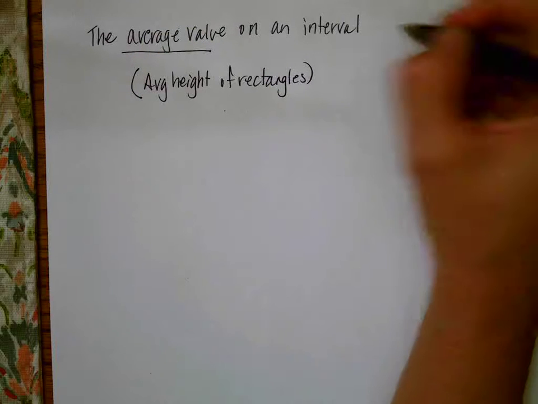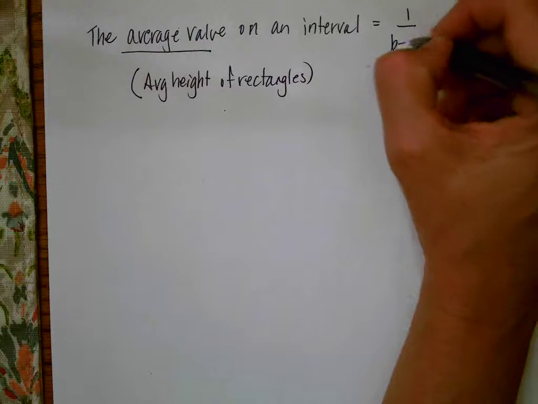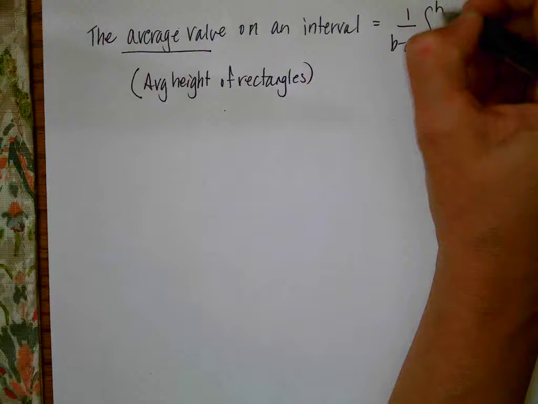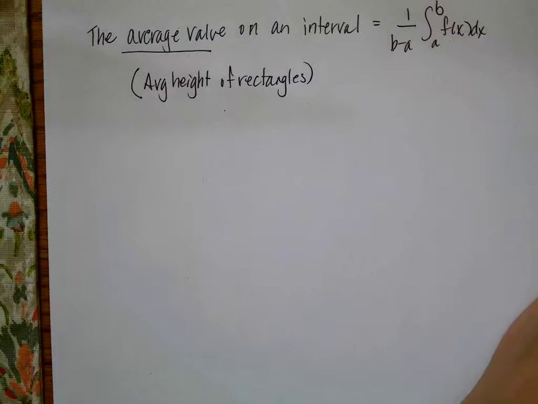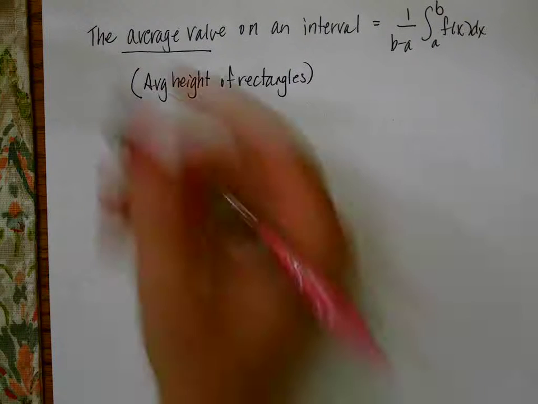So that might be what my average value would represent. It's going to be 1 over b minus a times the integral from a to b of f of x dx. Okay, so that would be my average value on a specific interval.